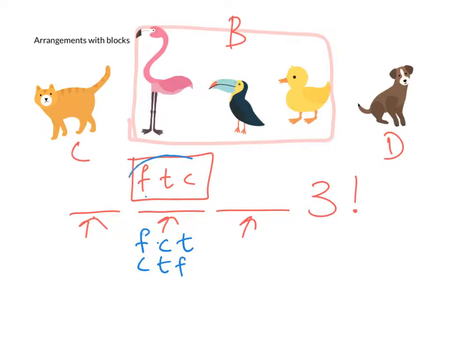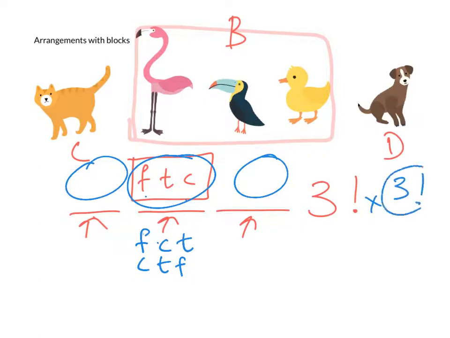So within each of those 3 spaces, the little blocked group of birds can actually also be rotated 3 places within themselves. Okay, so this one here is the number of places that we've got once we consider the items as a block, and this one here, the blue times 3 that we've put in our calculation, is the number of ways that that block can be considered to be rotated within itself. I'll do another example next, just because the 3 and the 3 are the same number.